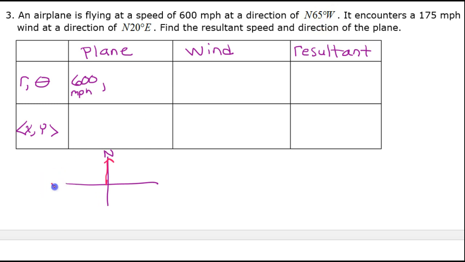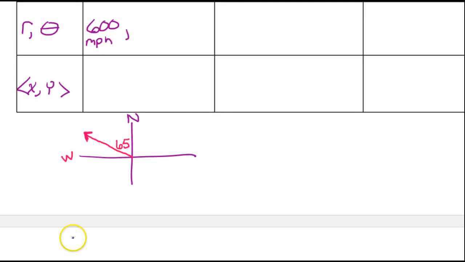Now west is over here. So if we start north and we turn 65 degrees in the direction of west, that's going to put us here in the second quadrant. And this is 65 degrees. Now when we talk about magnitude and direction, and the direction is theta, this theta is the type that is measured from the positive x-axis.